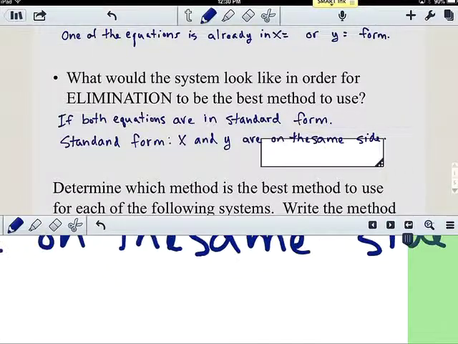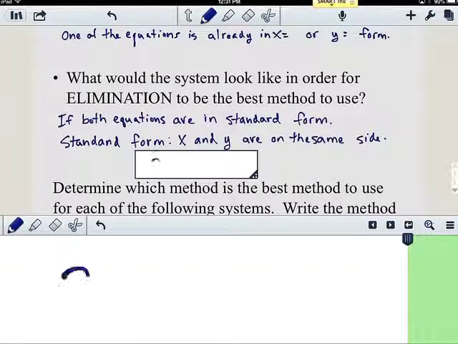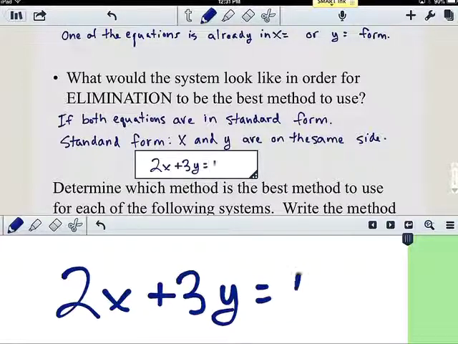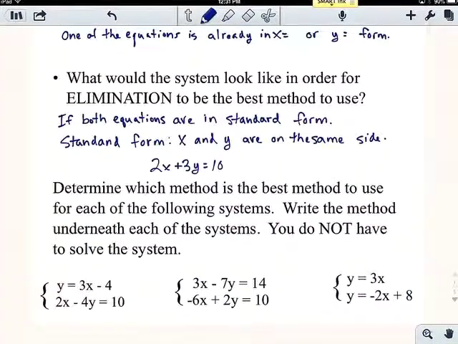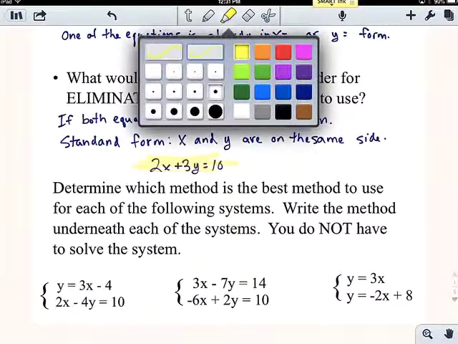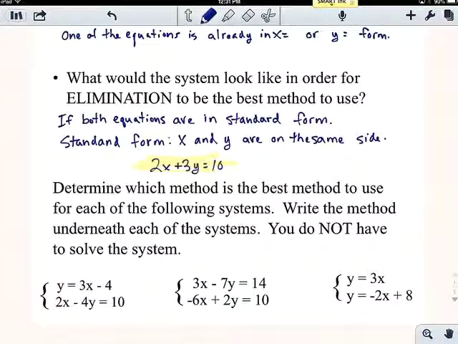So a standard form might look something like 2x plus 3y equals 10 or something like that. And since x and y are on the same side, that's standard form. If both equations look like this, then we want to go ahead and use the elimination method.